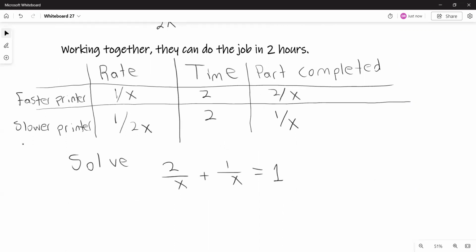Good thing they have the same denominator, so we don't even need to write the least common denominator. The common denominator is x. So 2 plus 1 over x is 1, or 3 over x is 1. So x must be 3. And that's it.